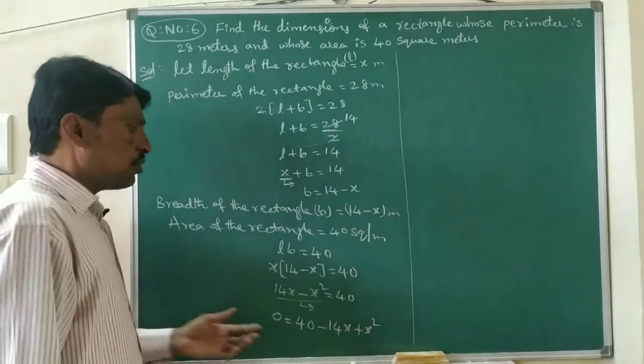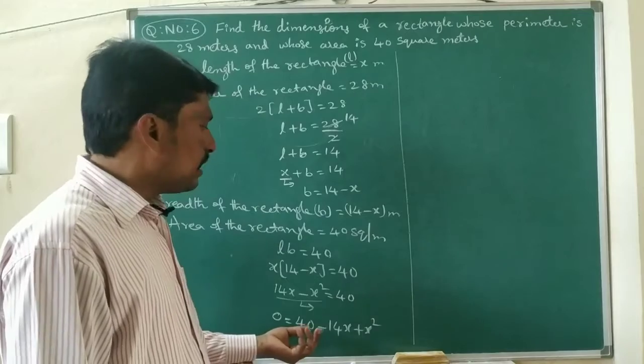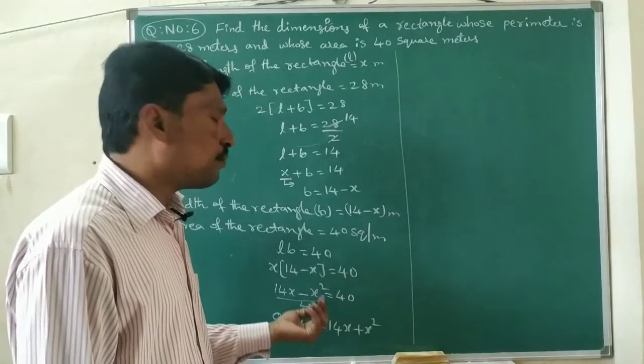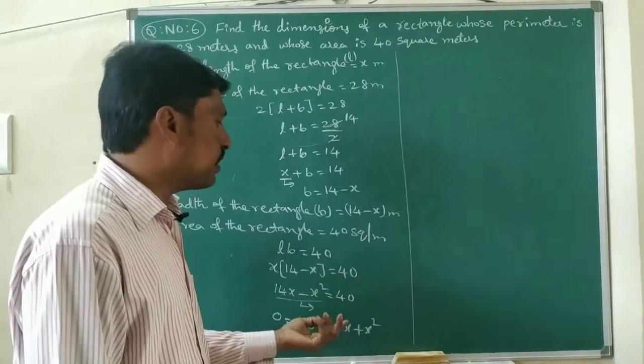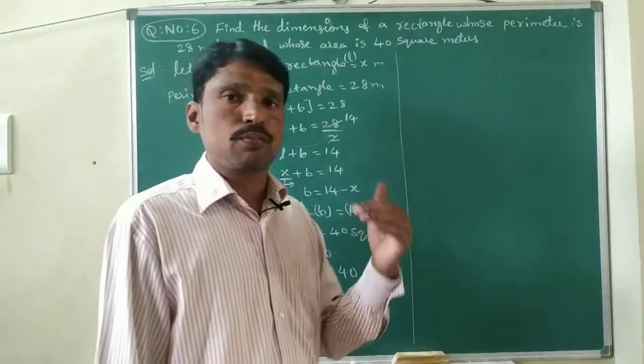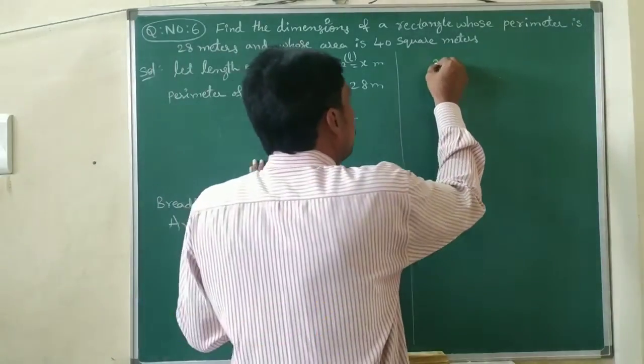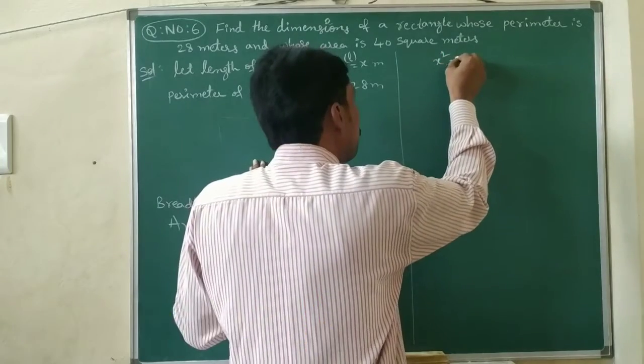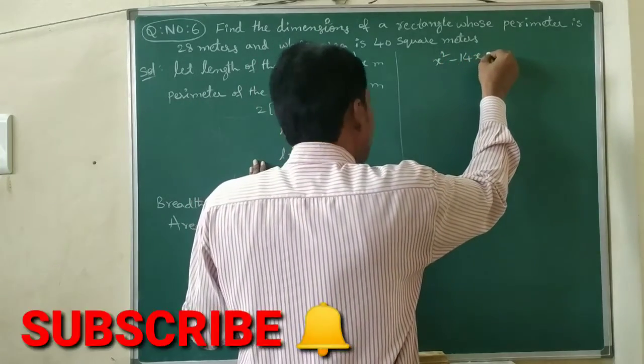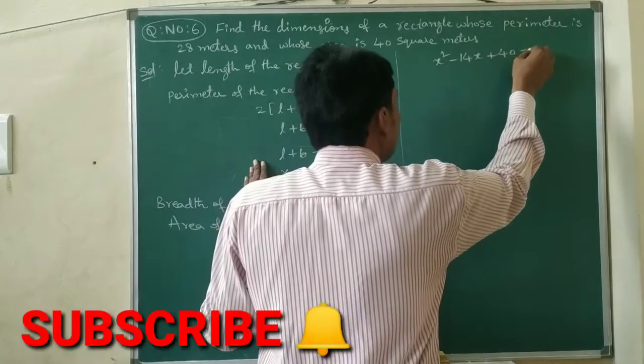We have to write it in quadratic equation form, ax square plus bx plus c equals 0. Means x square minus 14x plus 40 equals 0.